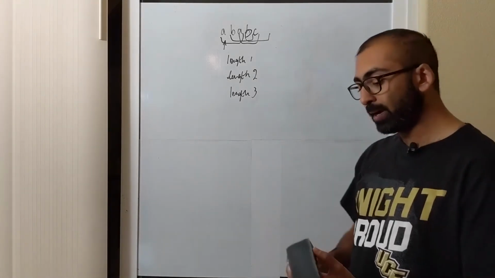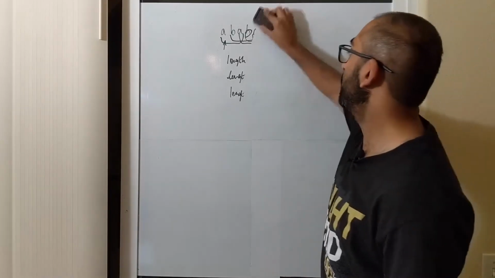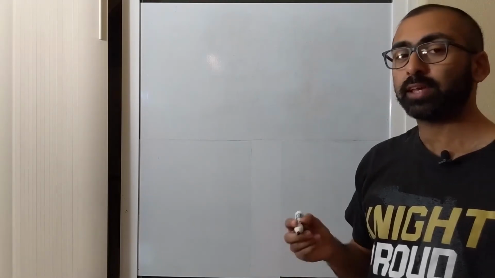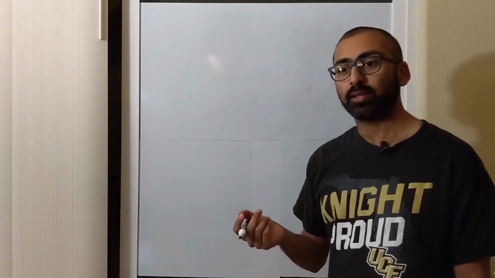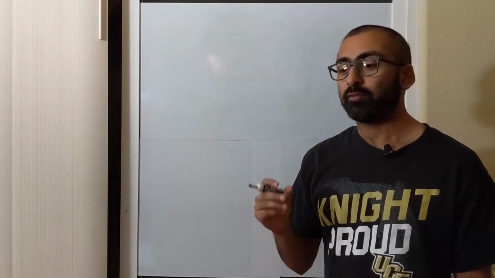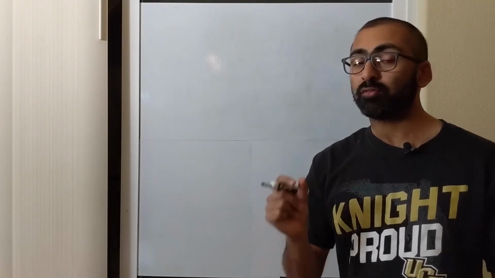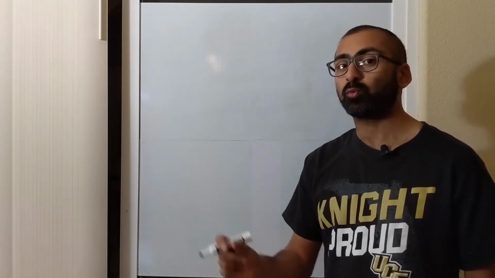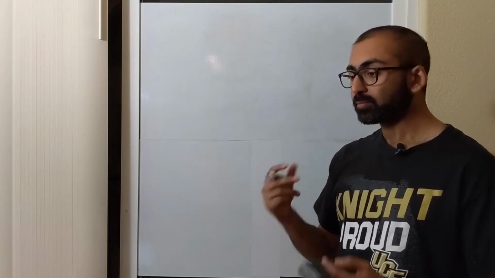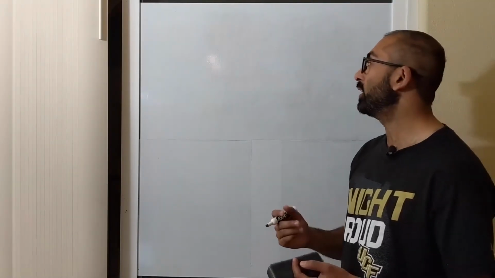So three things to keep in mind when you're doing the palindromic decomposition of a string. Number 1, you need to reset your length at every point. Every time you find a palindrome, just reset it and then keep trying to find guys with length 1, then length 2, length 3, and just keep going like that.